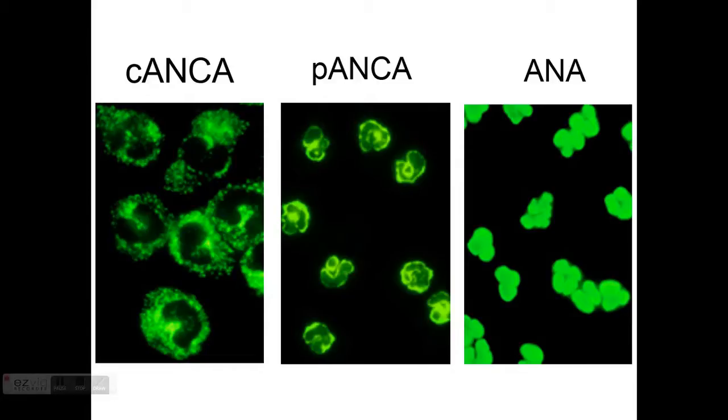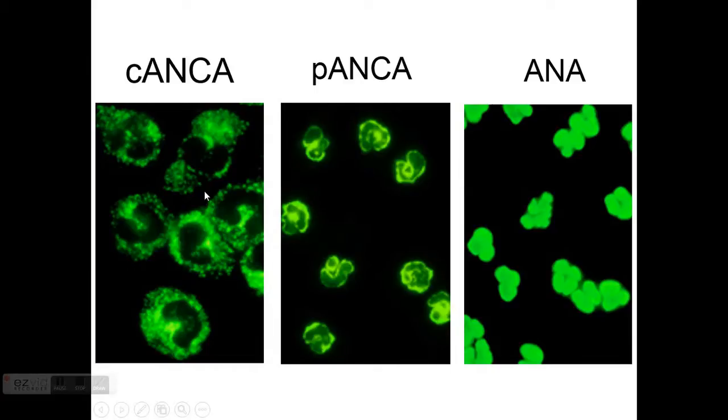But when you test those patients' sera, you will basically use a glass slide with test cells from somebody's neutrophils, and those are bound to the glass slide and fixed with alcohol, and then you put the patient's serum and a secondary antibody, and if there is actually a proteinase 3 antibody or anti-MPO, you will actually see that binding, and the secondary antibody will recognize those antibodies.